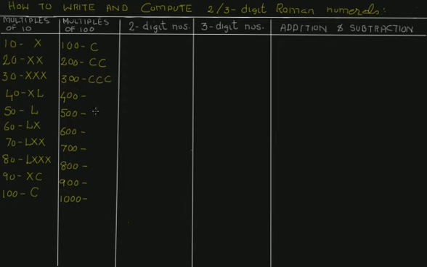Remember I told you 500 is a D. So 500 minus 100 is 400. 500 plus 100, 600, 700 and an 800. And I also remember I told you what 1000 stands for.